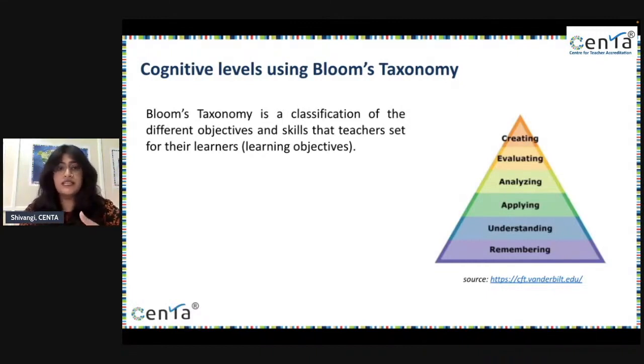Understanding mostly tests how well you've understood a concept, and the verbs commonly associated with such a question are identify, classify, or differentiate. Then application is basically how a student takes a concept and applies that in different contexts, in different scenarios. And so these are the three levels we have.